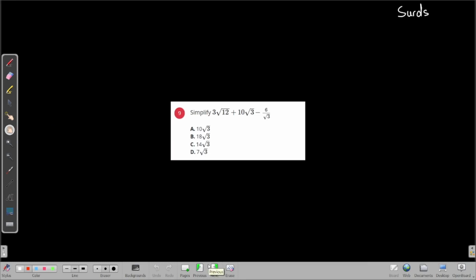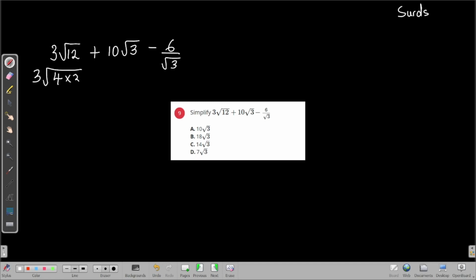Okay, so we have a question on surds. We're to simplify: 3 root 12 plus 10 root 3 minus 6 over root 3. So let's start with this 3 root 12. Root 12 is the same thing as root 4 times 3.